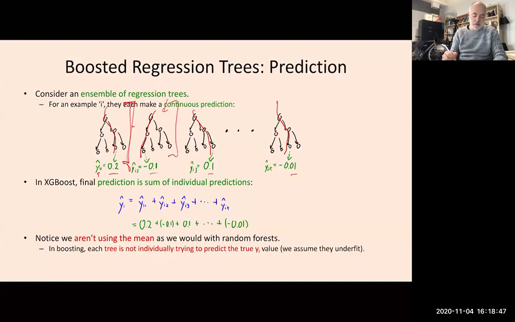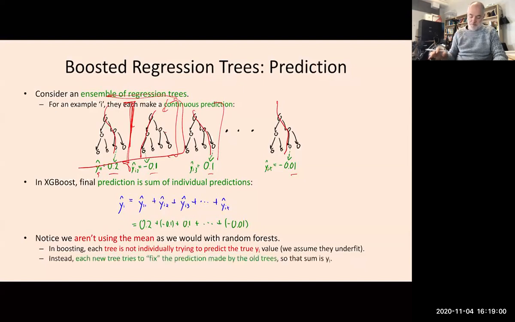So you fit the residual of the prediction made by the first tree with the second tree, and then you fit the residual of the first two trees using the third tree, and so on and so forth. Each new tree tries to fix the prediction made by the old trees so that their sum is y_i.